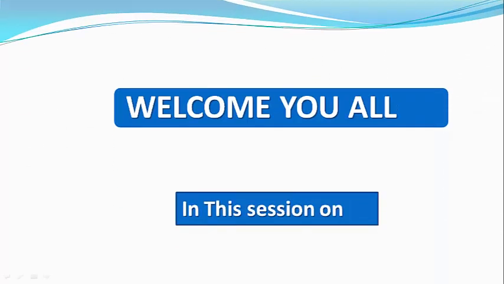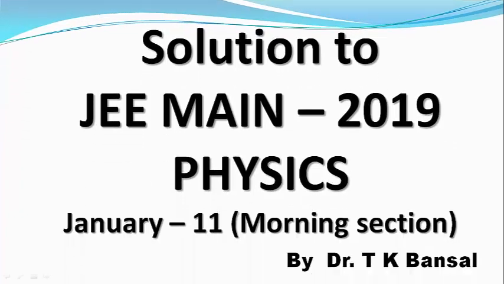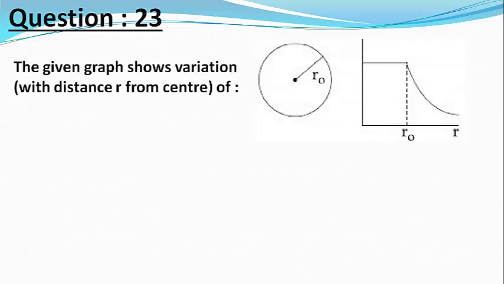Let us now go to question number 23 from JEE Main 2019 morning session of 11th of January. Our question is, the given graph shows the variation (bracket starts) with the distance r from the center (bracket closed) of.